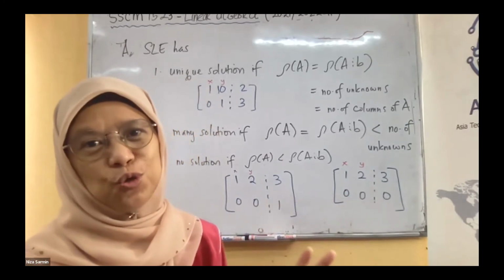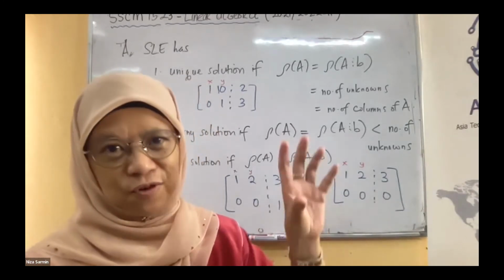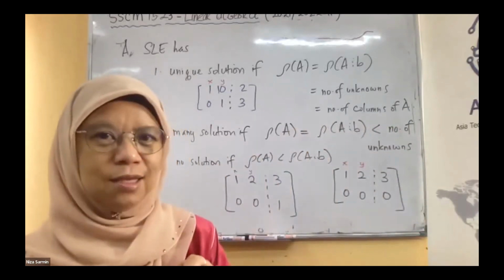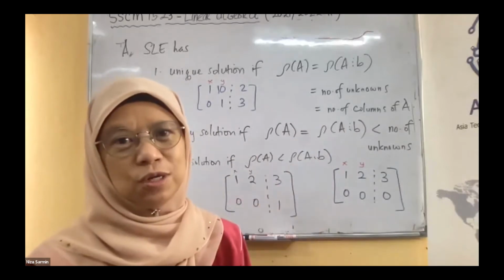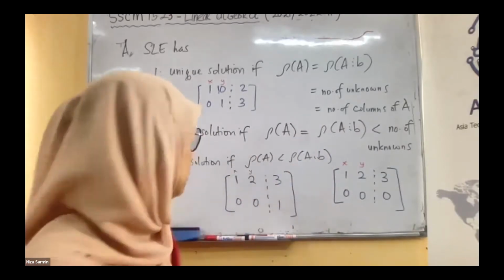I will just show you and explain from the one given until the row reduced. In the middle, I'm sure you can do the row reduction.